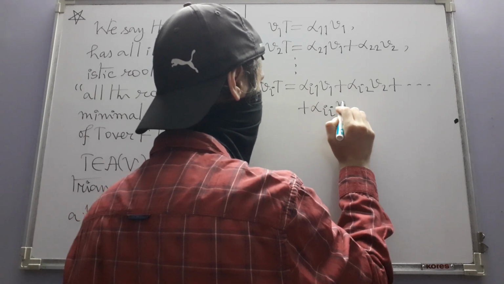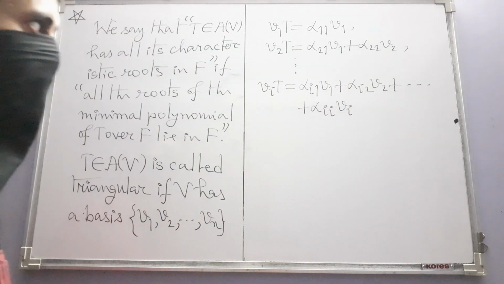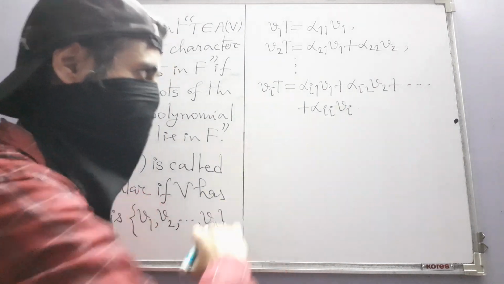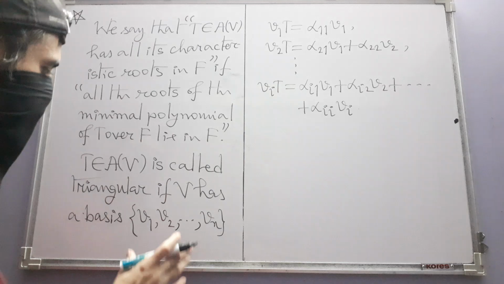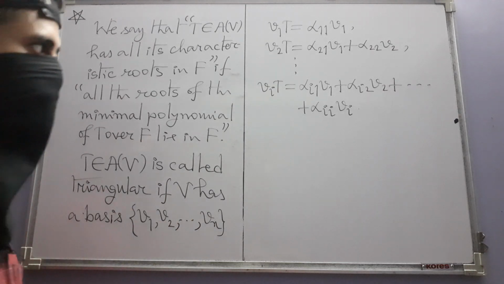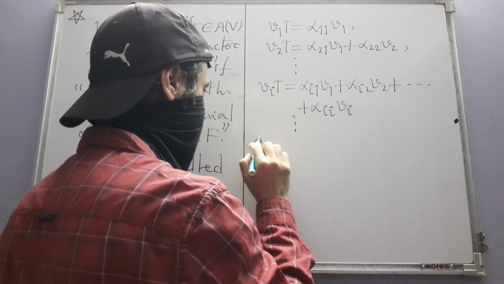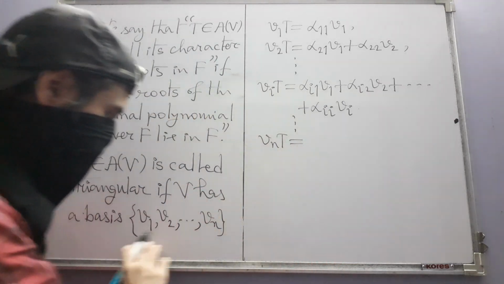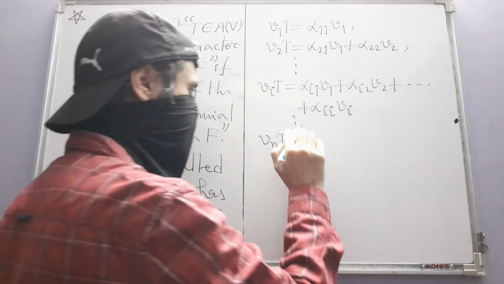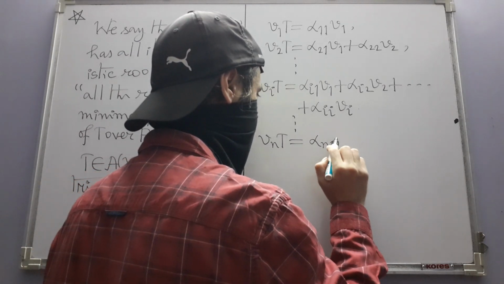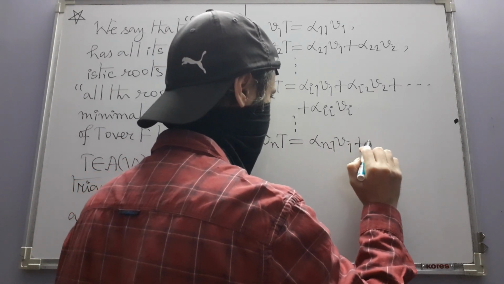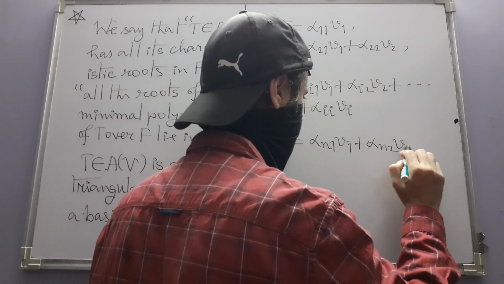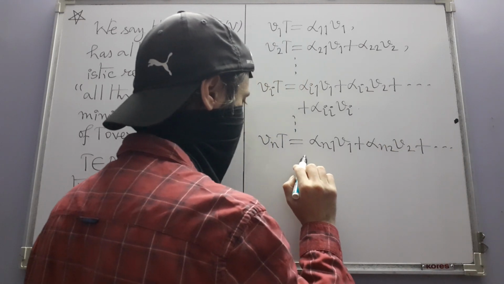In other words, Vi T is the linear combination of Vi and the preceding vectors of Vi in this ordered basis. And the last one, in fact, has all the vectors involved. If this happens, then we say that the operator T is triangular.